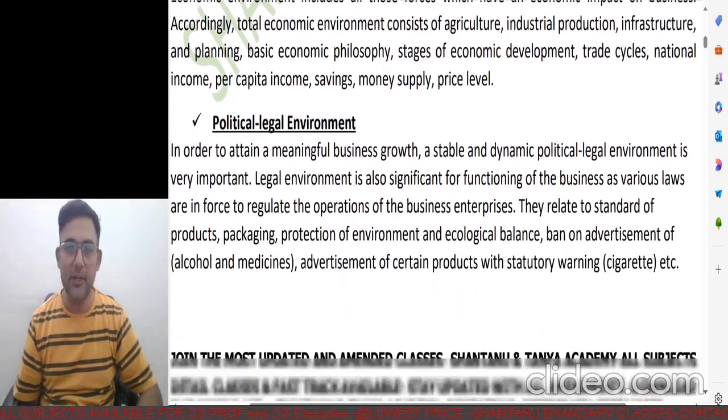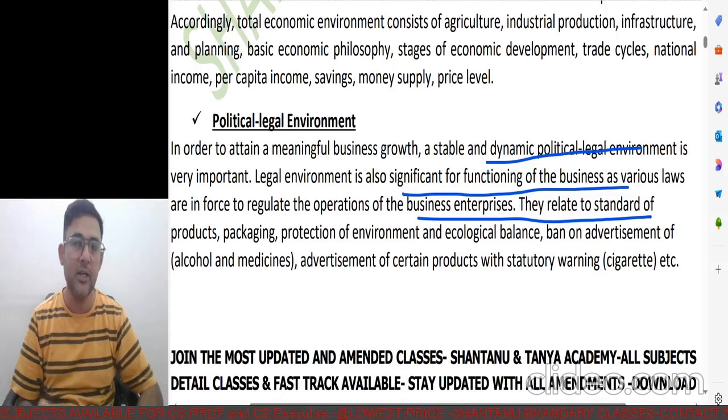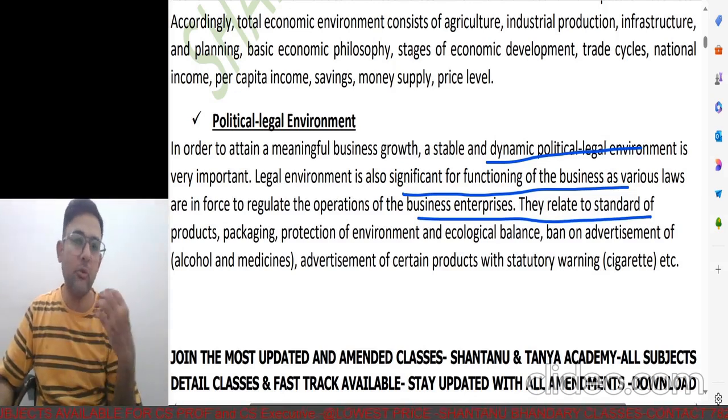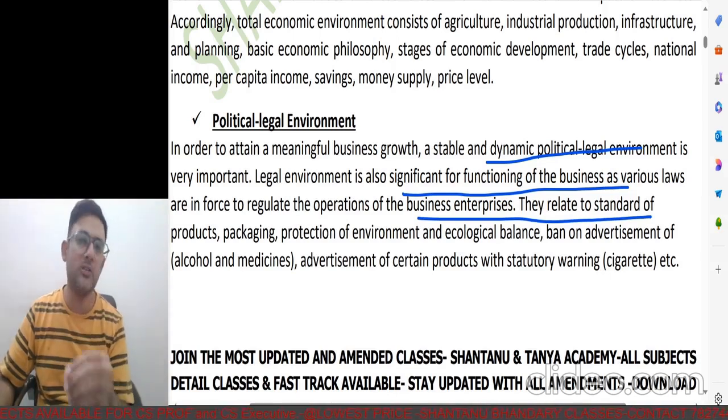Political legal environment. The political legal environment is something whereby it is decided what kind of government will be there in a country, because sometimes the government works on one ideology. They try to promote one ideology, be it India, US, or whatever.